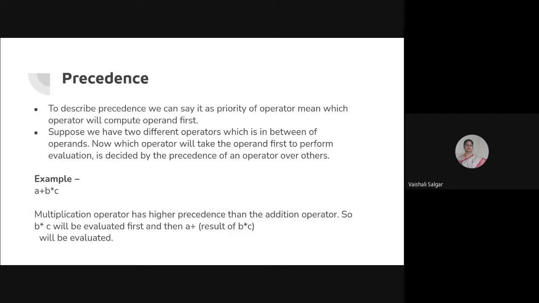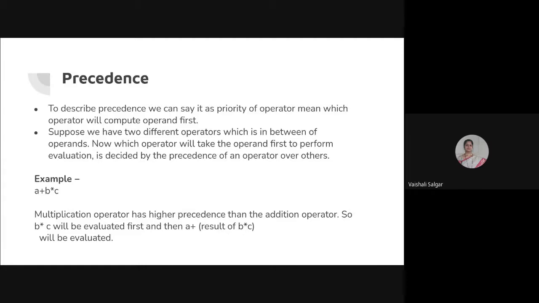Now, but obviously, already we have discussed, while solving the expression, precedence and how we can evaluate the expression. To describe the precedence, we can say it is the priority of the operator, that is which operator will compute the operand first. For example, in the previous case we have plus and division in the same expression.